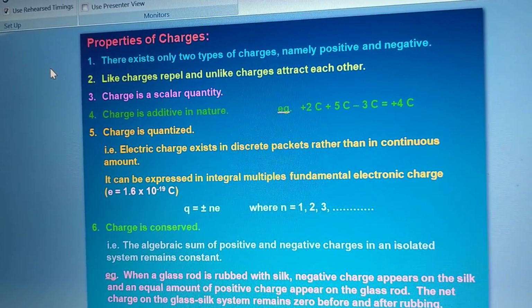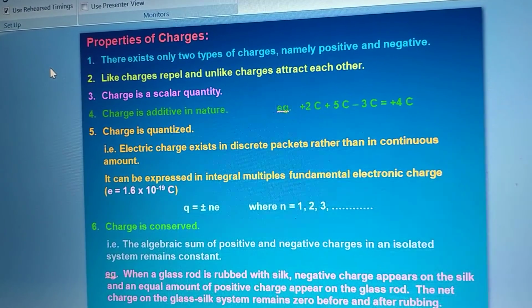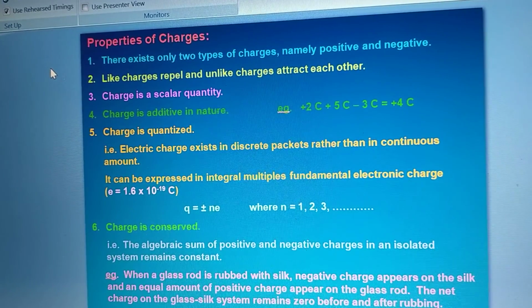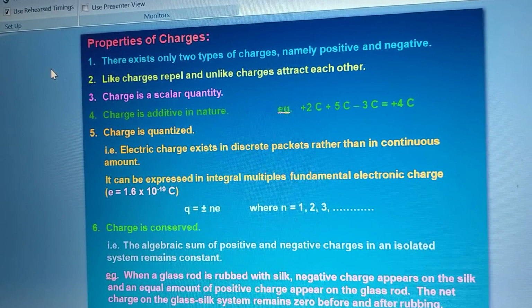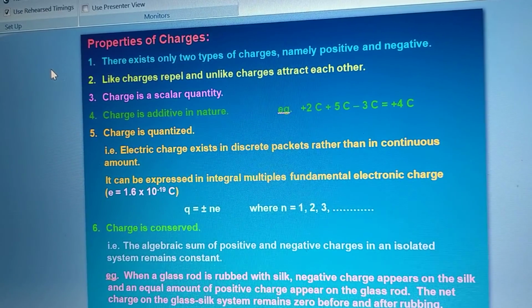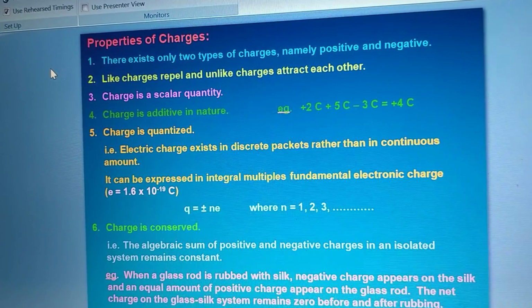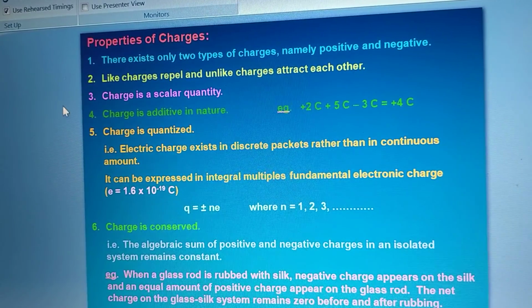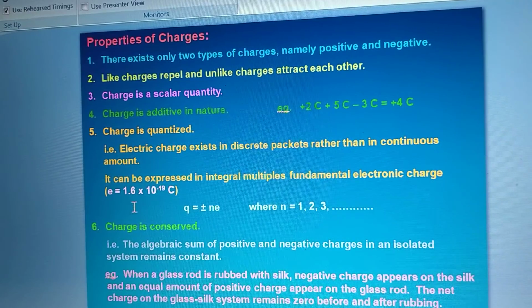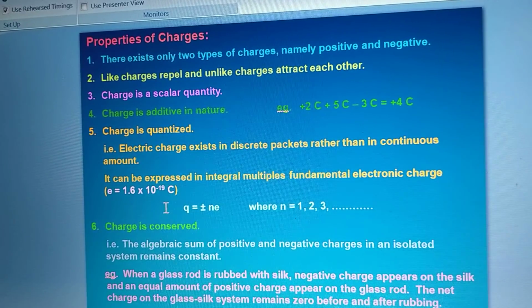And the fifth property is quantization of charge. What is quantization of charge? Charge always exists in integral multiples of the fundamental unit of charge, that is small e, whose value is 1.6 into 10 power minus 19 coulomb.